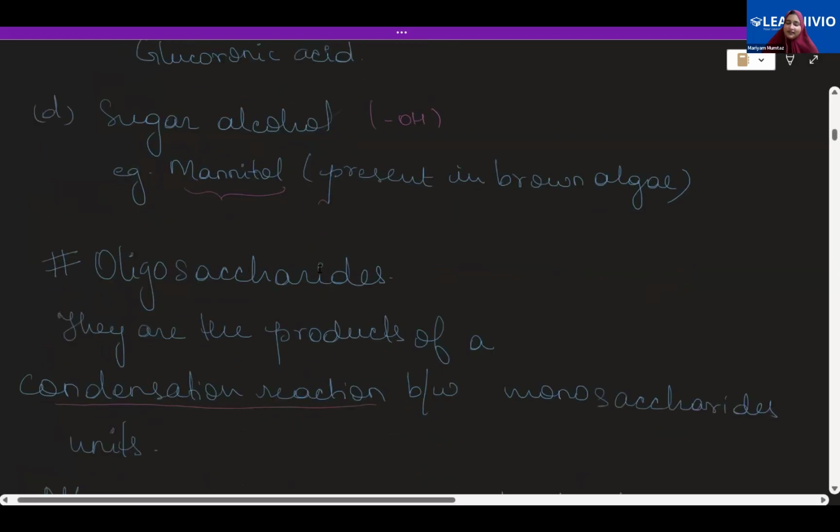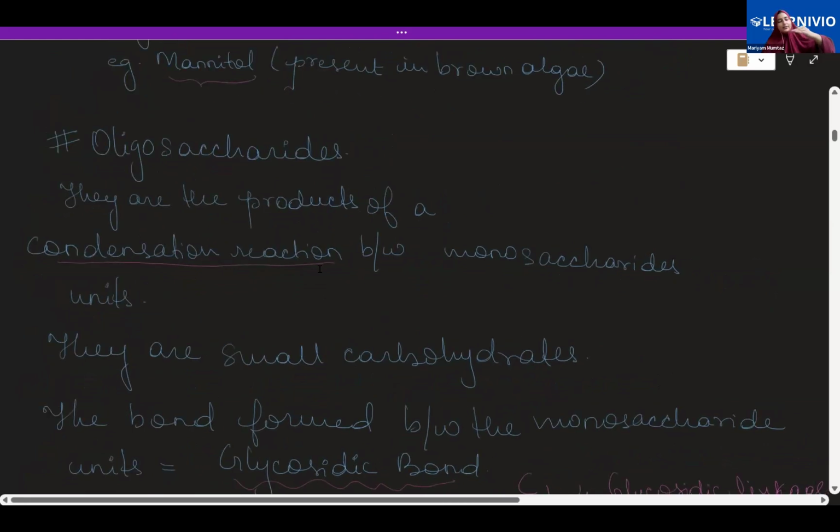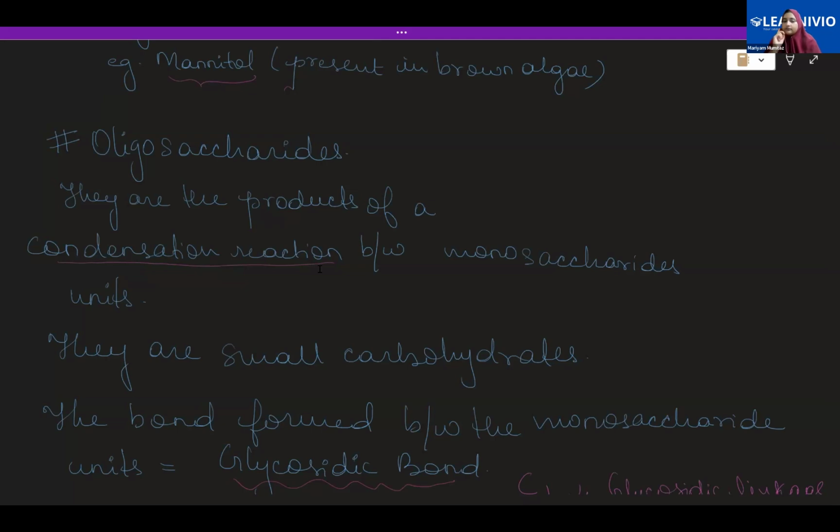Now talking about oligosaccharide. Now we're slowly leveling up. We started with the basic type of sugar, and now we're leveling up. Remember I told you how a polymer was broken down into several monomeric units.